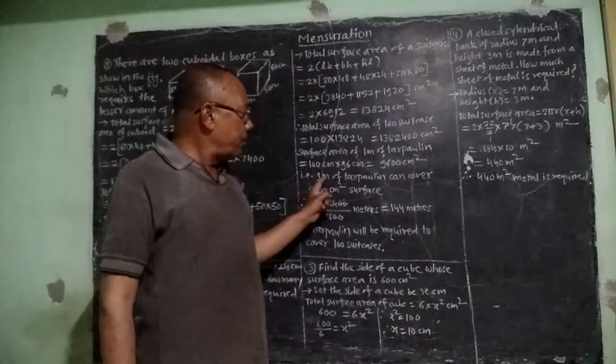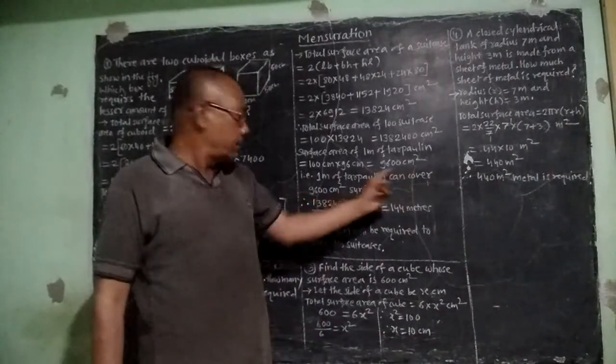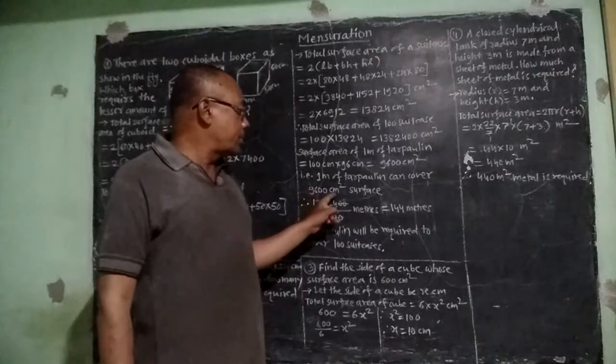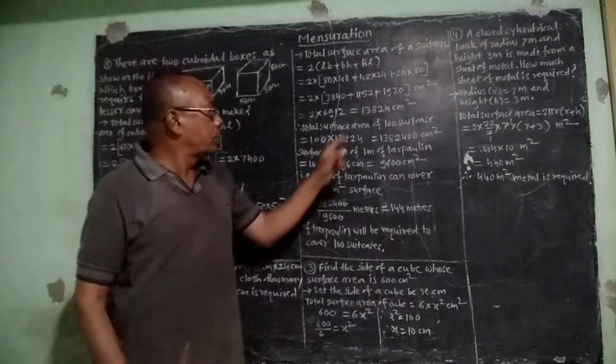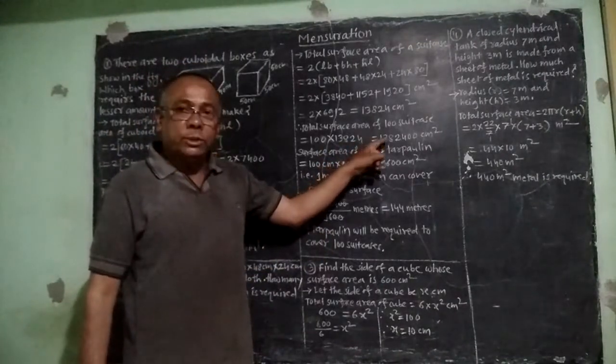That is, 1 meter of tarpaulin can cover 9,600 centimeter square surface.